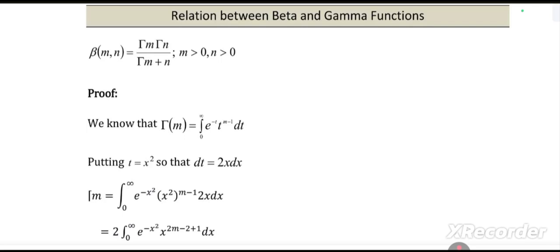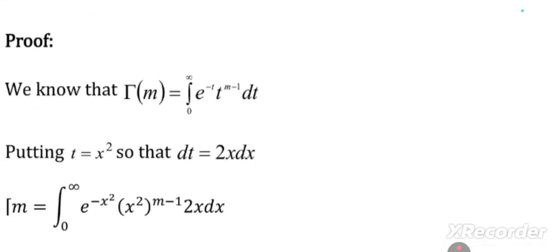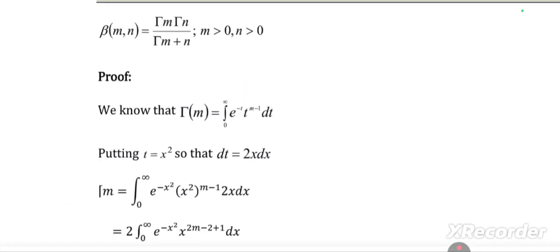We already saw the gamma function in the previous video. We know the formula for gamma m, that is the integral from 0 to infinity of e power minus t, t power m minus 1 into dt. Here, putting t equal to x square, when we differentiate, dt is equal to 2x dx.